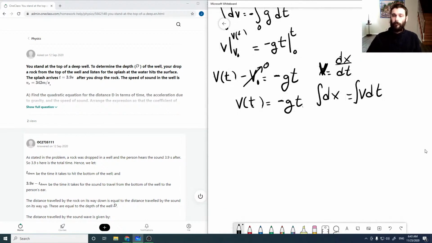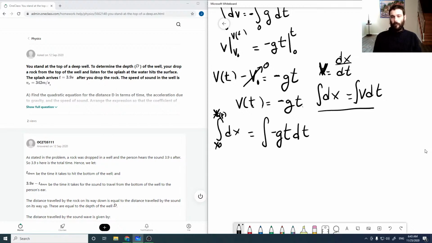And so then using this integral, we have the integral of dx from x0 to x of t is equal to the integral of minus g t dt from 0 to t. Now we will want to take it from 0 to t1.